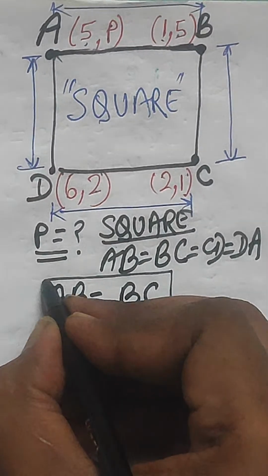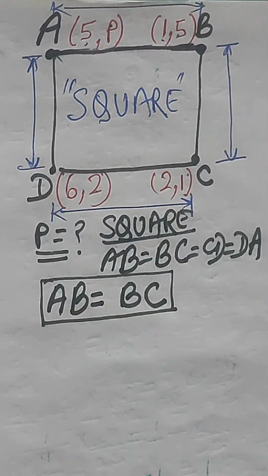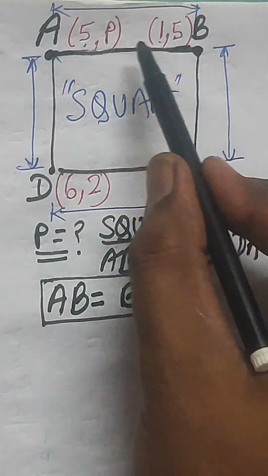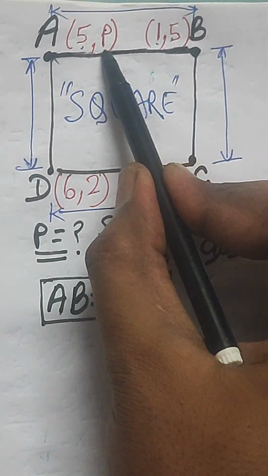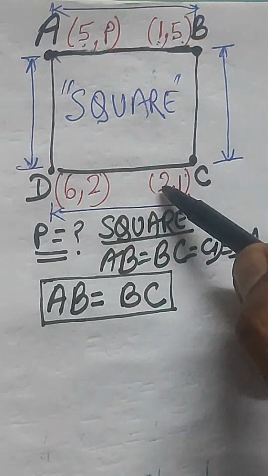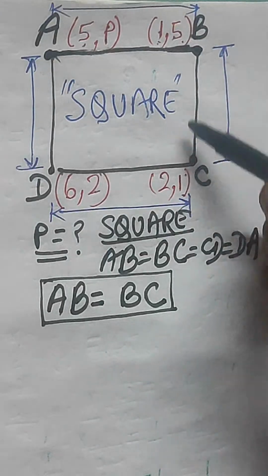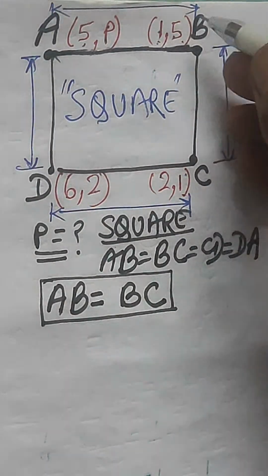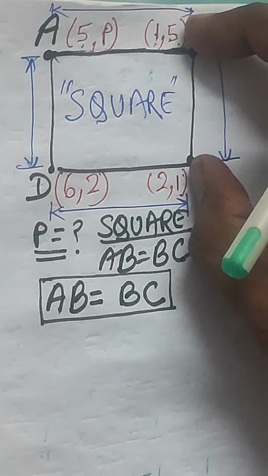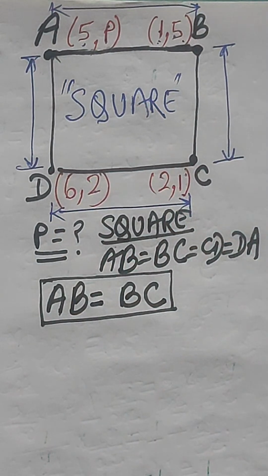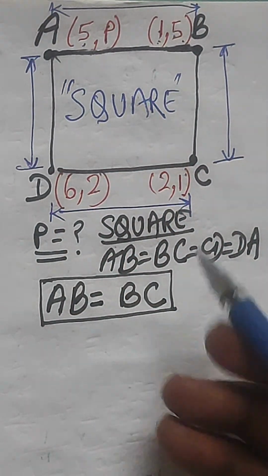Because when we calculate the length of AB, the one variable that is P is coming, right? And in BC, all the coordinates are known to you, (1, 5) and (2, 1), all numbers are known. So you are very easily able to calculate the length of BC, and when you equate it with the length of AB, P will be acting as a variable and you will be able to solve it, right? So let us solve it.